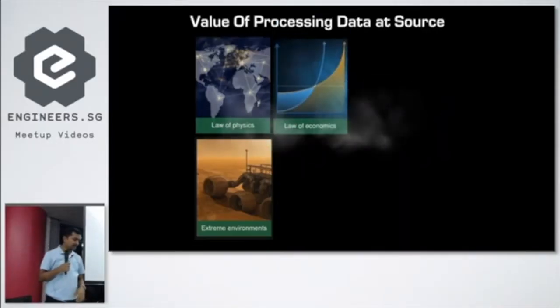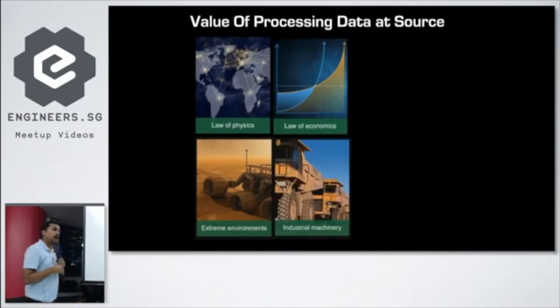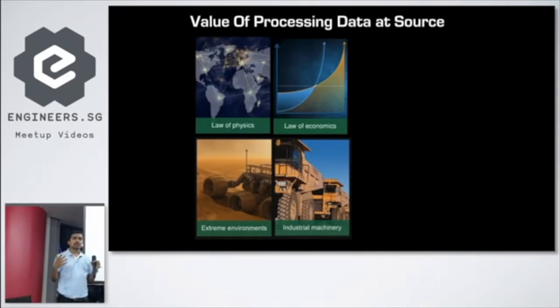The second is the laws of economics. In a typical AWS IoT scenario, your sensors are generating data every second or every 500 milliseconds, and all the data might not be useful to you. You might want to process only certain bits of critical information. If you are able to process only the critical information and send only the important information to the cloud, it saves you money.